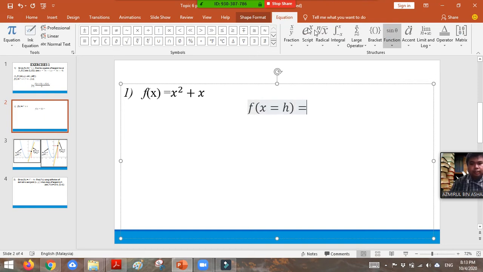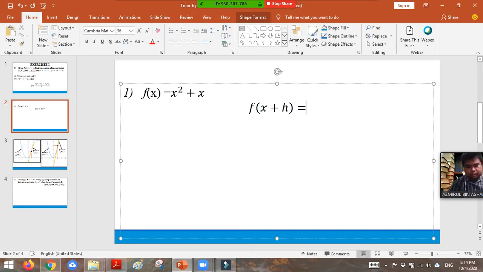You know that if f(x) is x squared plus x, then for x plus h, this one becomes (x plus h) power of 2, and also plus (x plus h).